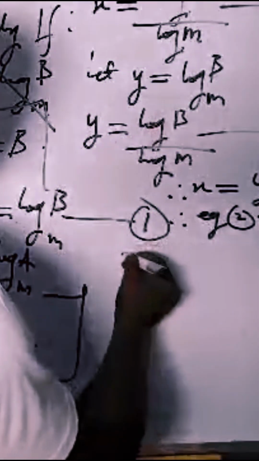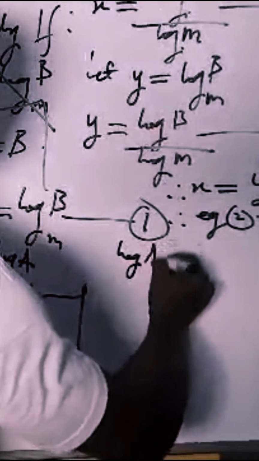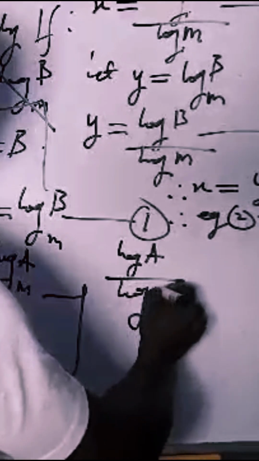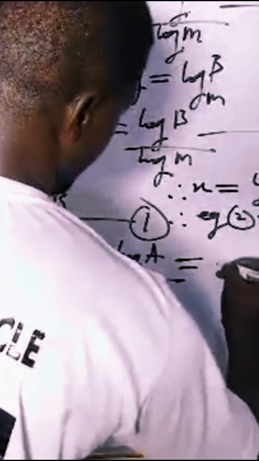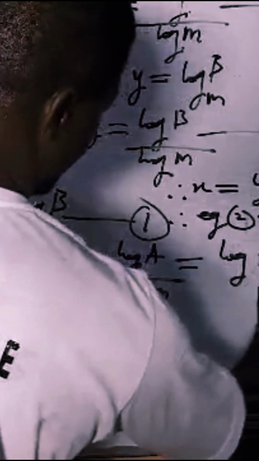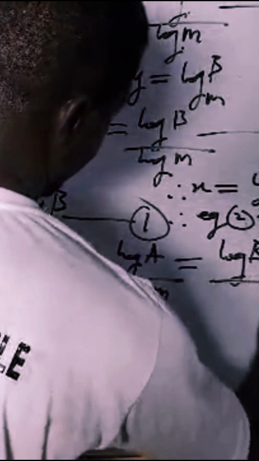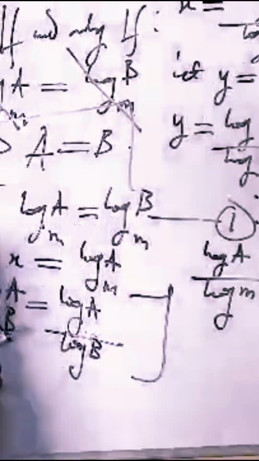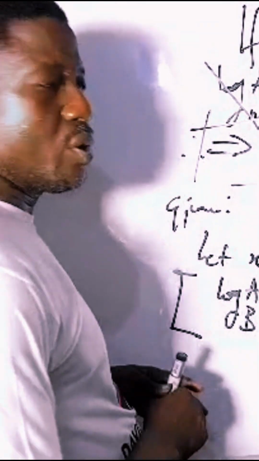So doing that, we'll have the log of a divided by the log of m is equal to the log of b divided by the log of m. Now there's a law that says that top cancels top and bottom cancels bottom.